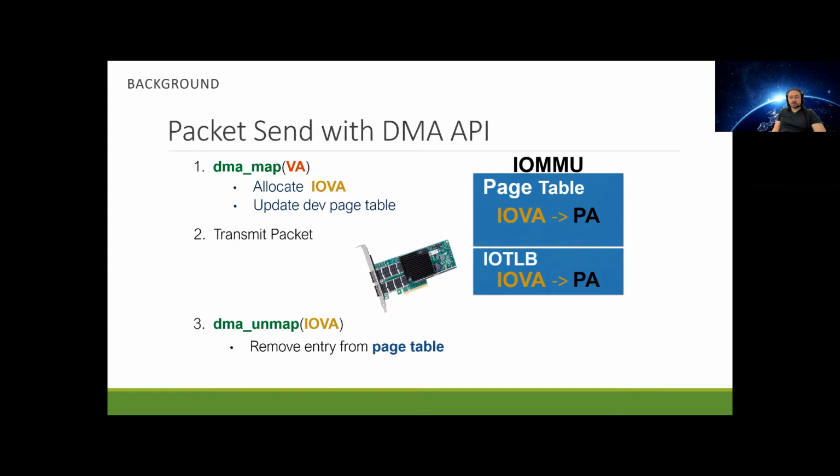It removes the entry from the page table, and it flushes the IOTLB. Without flushing the IOTLB, the device can still gain access to the physical page because of the fast lookup. We flush the IOTLB and thus prevent the device from accessing this physical page, and we free the IOVA.